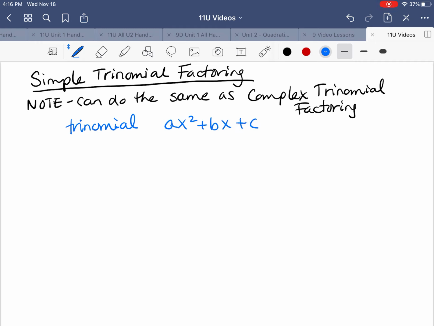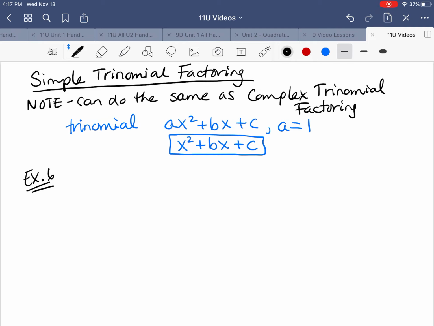So what we actually have is x squared plus bx plus c. And you'll see when we do complex trinomial factoring, we have the case where a does not equal 1, and then it becomes a little bit more complex. So I think we are on example 6 right now.